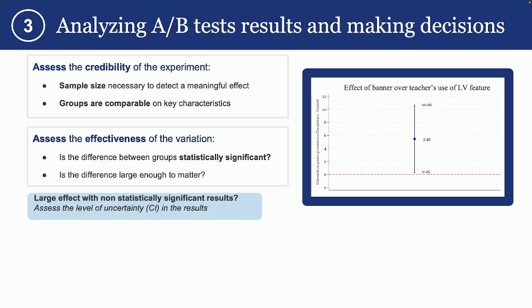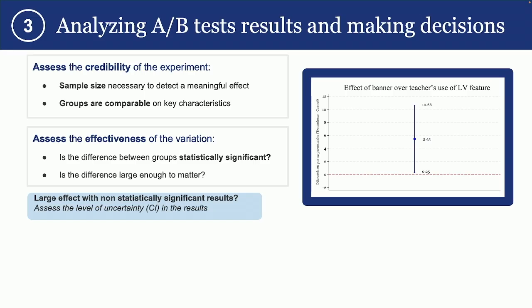And then secondly, how effective is it? So is the difference actually something meaningful? Is the difference large enough that it matters? And in this case, they saw quite a meaningful impact, a 5 percentage point increase in the number of teachers using this learning variability tool, which is substantial and would make a difference in the classroom practice and then the learning experience of students in those classrooms.